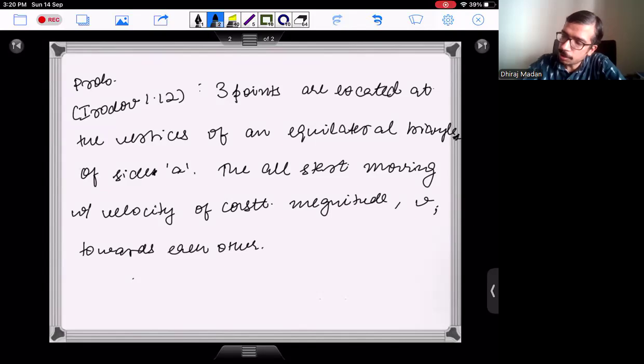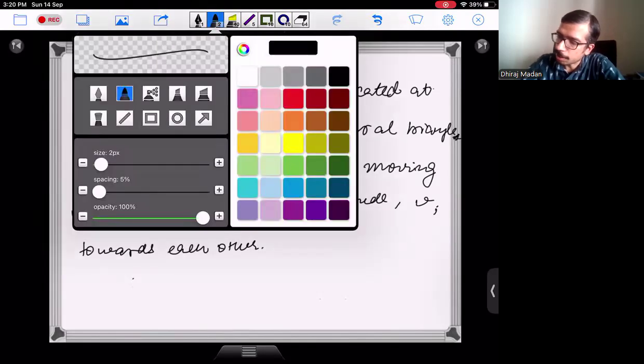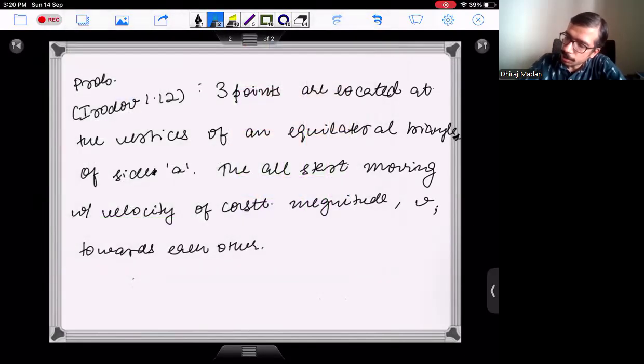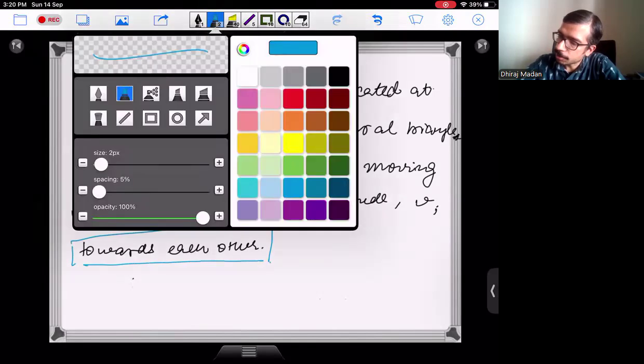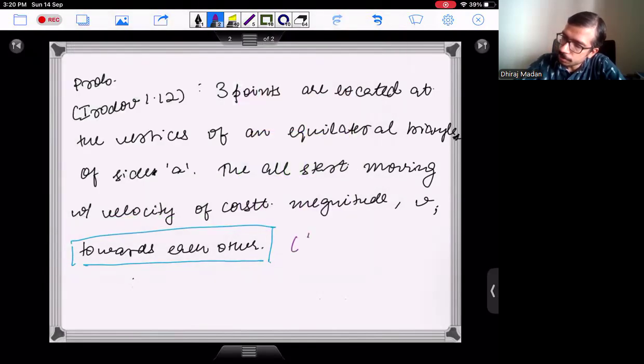This needs some clarification, so we'll describe it in detail. Essentially, the first point is moving towards the second, the second is moving towards the third, and the third is moving towards the first.